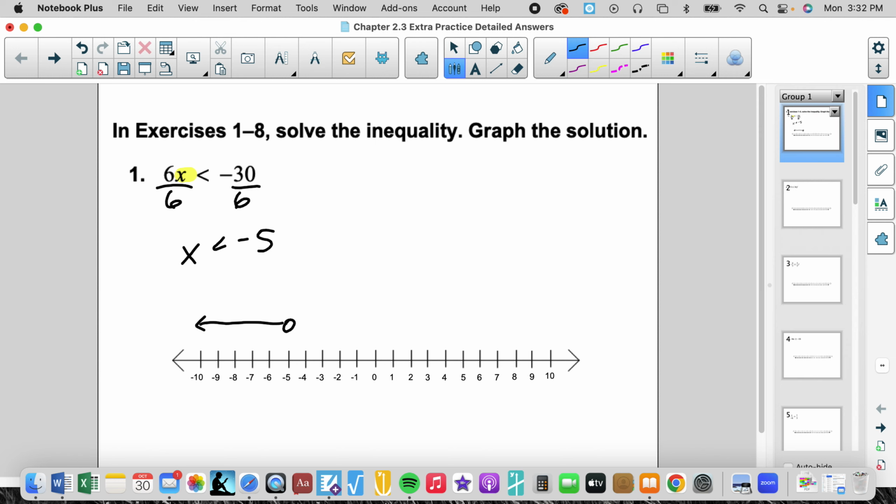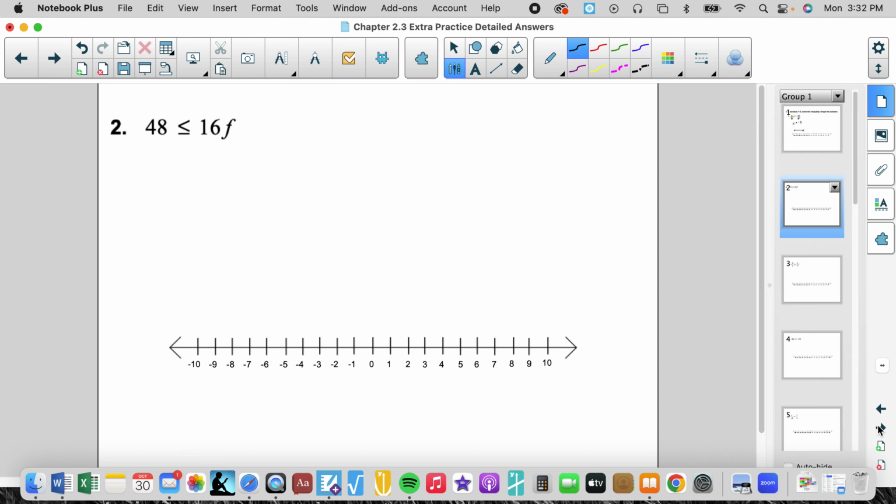So we give an open circle that says not including -5. So we want values that are less than -5, not including -5.